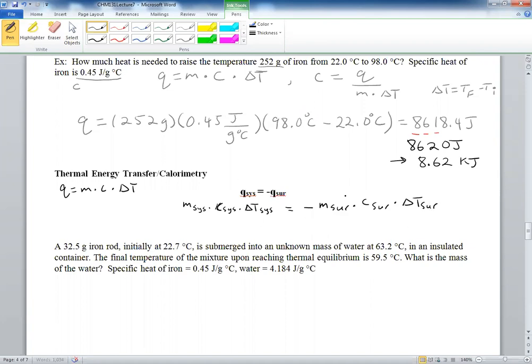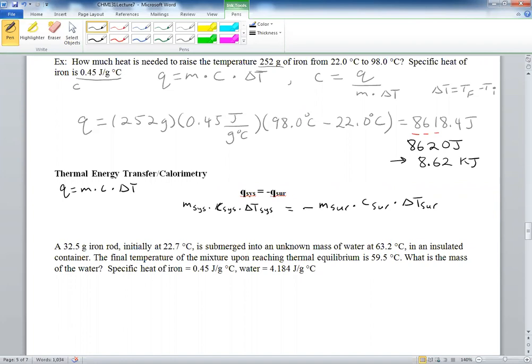Now, this negative is really important because you have to determine where it goes based on what is losing the heat. Is it the surroundings or is it the system? You would have to tell that from the problem. Even if you don't, if you remember where it's at, it's going to give you the calculation correct at the end, because if you don't include this, you're not only violating the first law of thermodynamics, but you will get a negative number for, let's say, the specific heat or the mass, which is not possible.